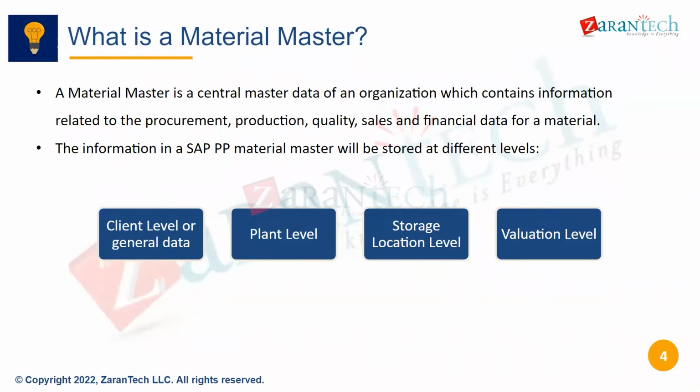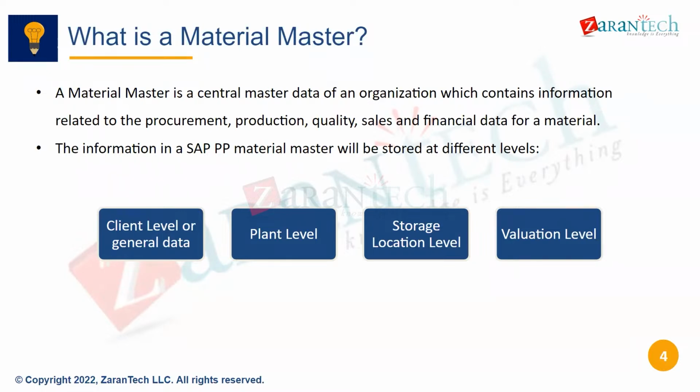SAP has many fields: each screen will have 50 to 60 fields, out of which any organization will generally use only 8 to 10. The rest are used for different purposes.